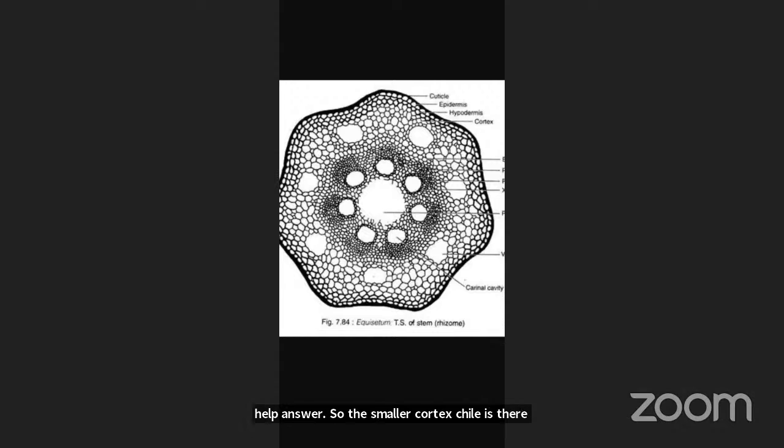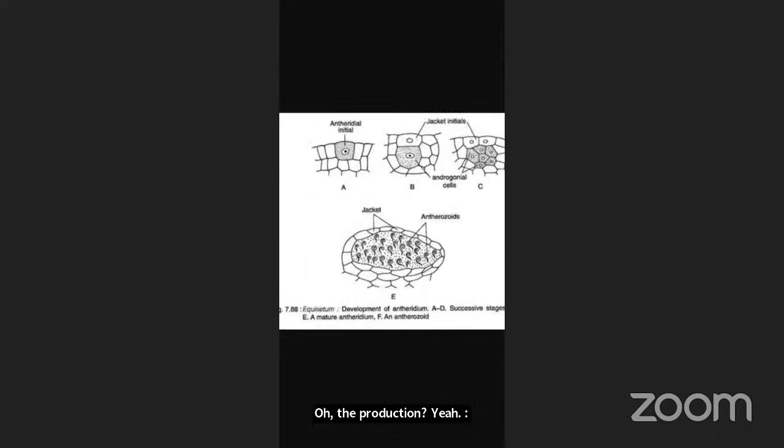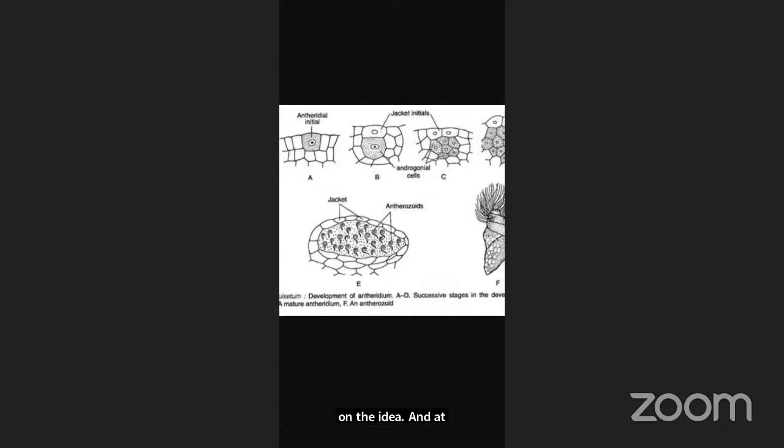Next is reproduction here. Reproduction is vegetative and sexual, with antheridia and archegonium development.